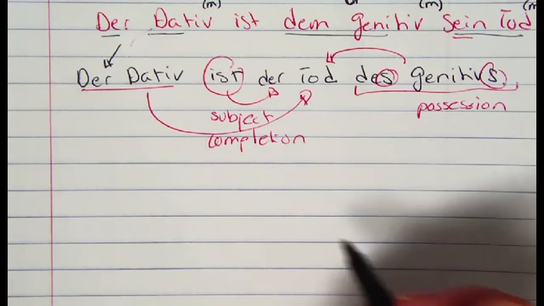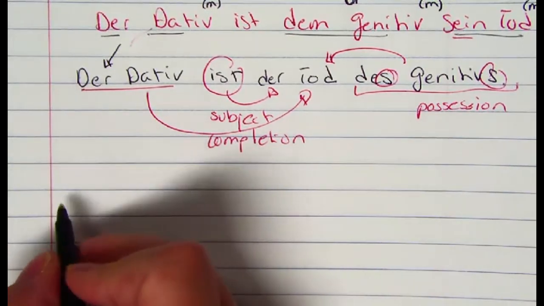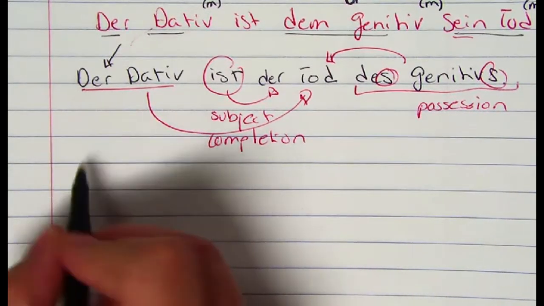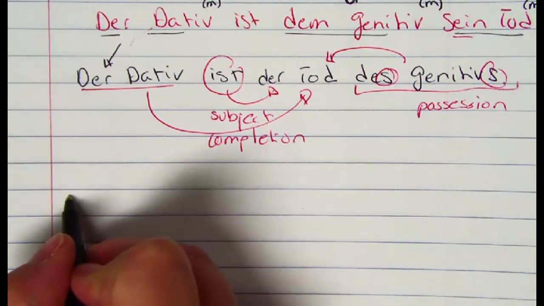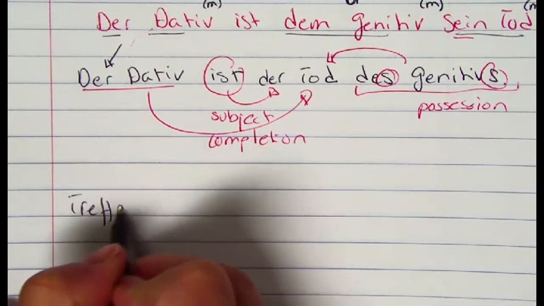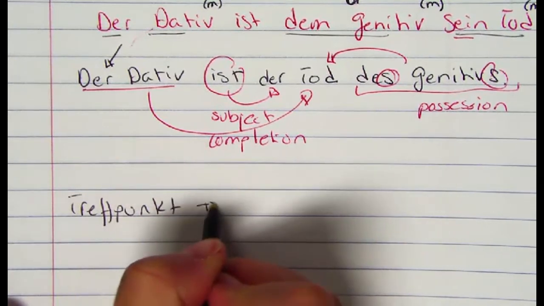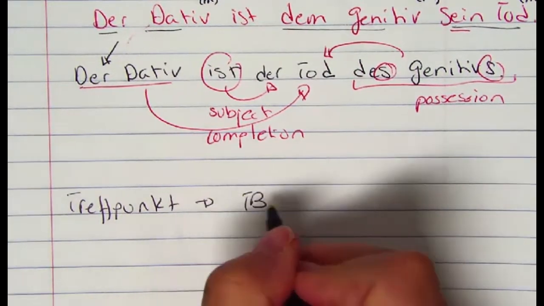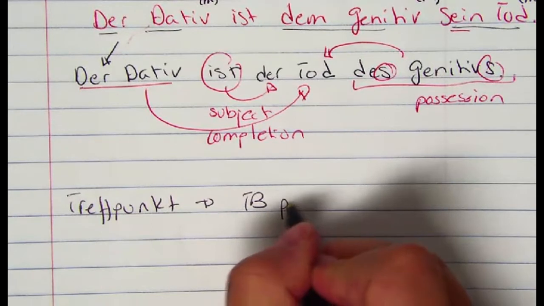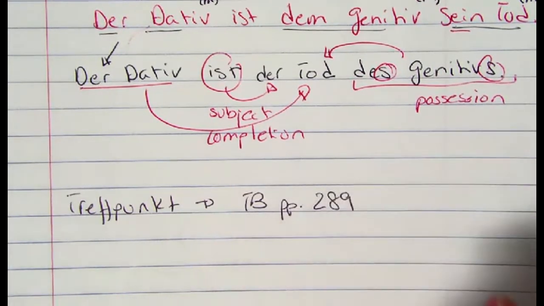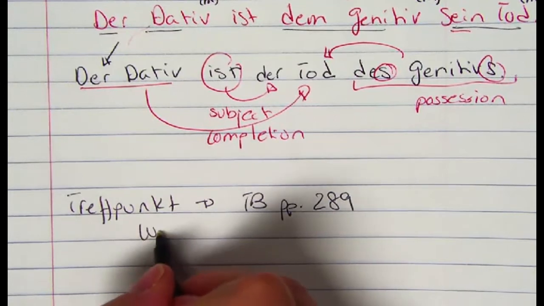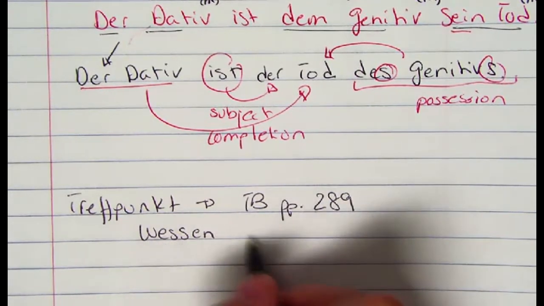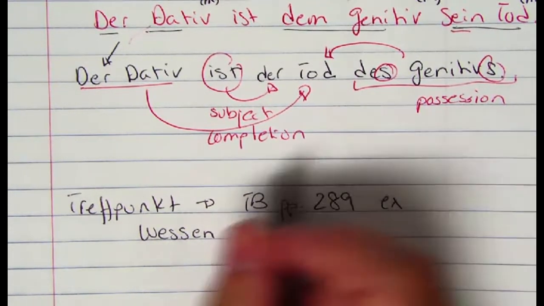I know there's 5 of you, so there's going to be one group of 3 and one group of 2, and grab one of the textbooks from the back shelf, so the light blue Treffpunkt textbooks. Okay, and I want you to flip to page 289. There's a quick activity that's using a lot of the vocab, and it's wessen Handschuhe sind das?